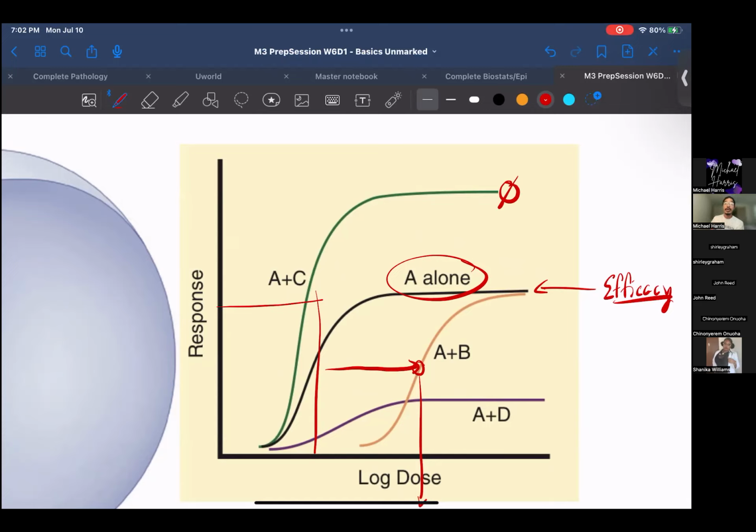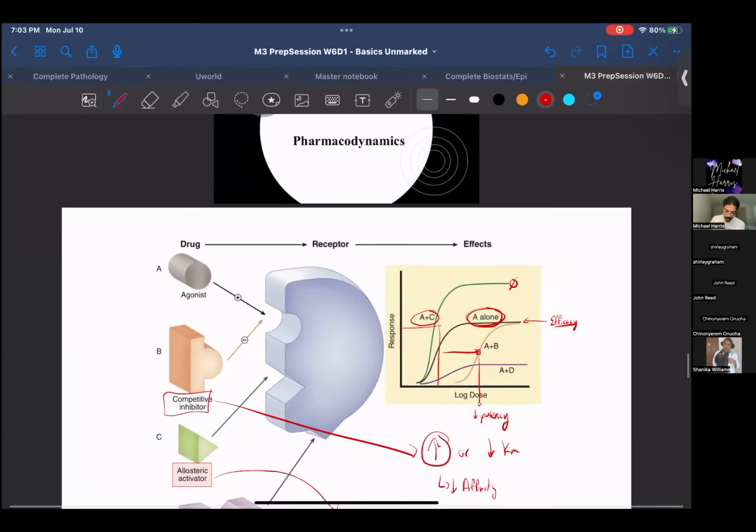So now my question is this. Is it better to give drug A and C together or drug A by itself? A and C together. Perfect. Good.